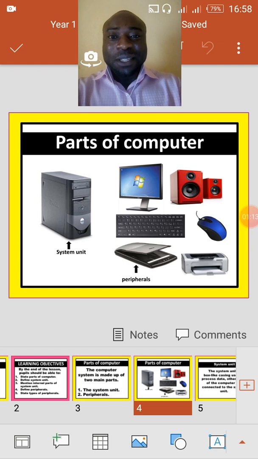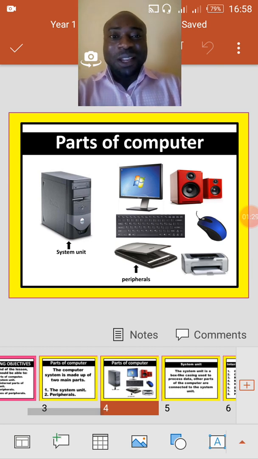The first part is the system unit that you see standing alone, while the second side, which is the right hand side, is the peripherals. So when you see other component parts of the computer connected to the system unit, they are called peripherals because they are not part of the system unit.